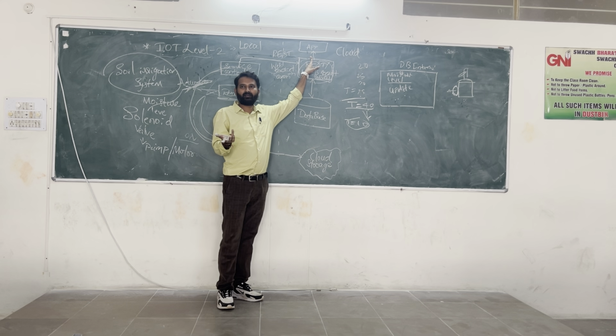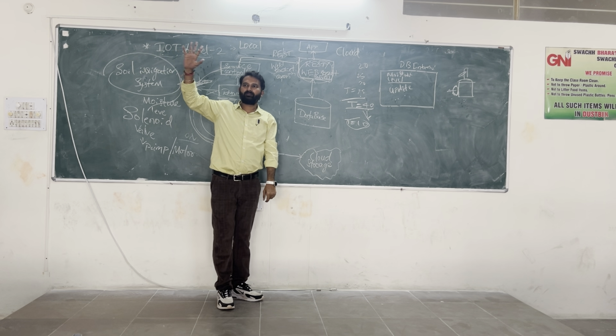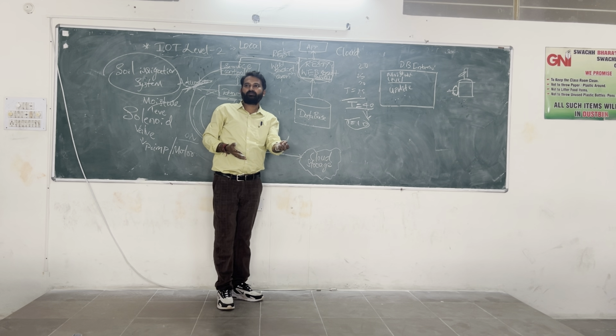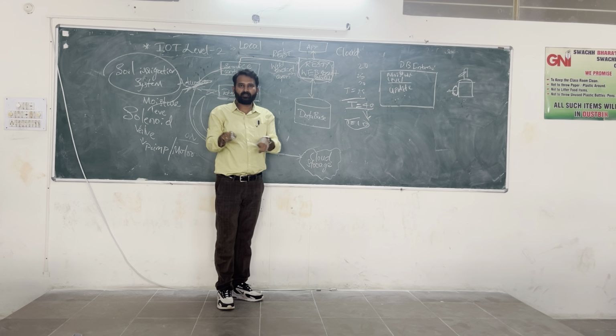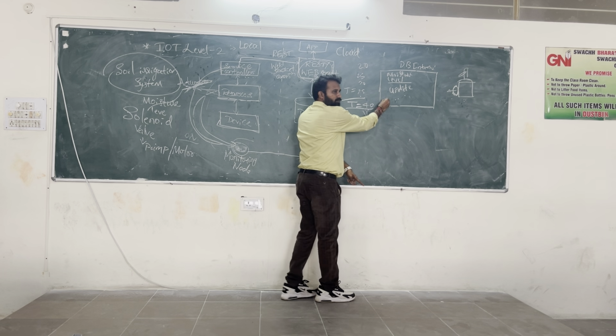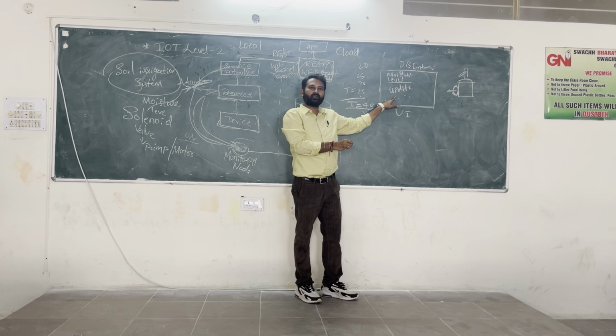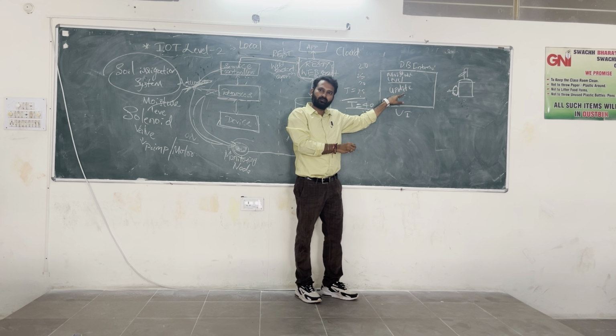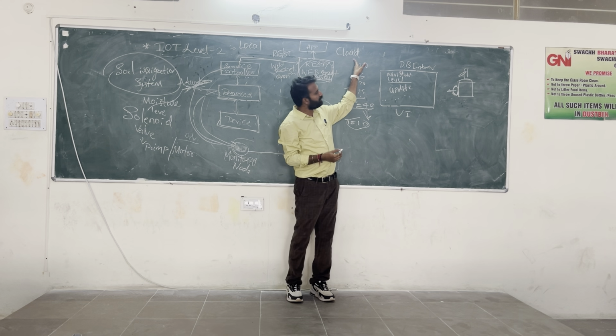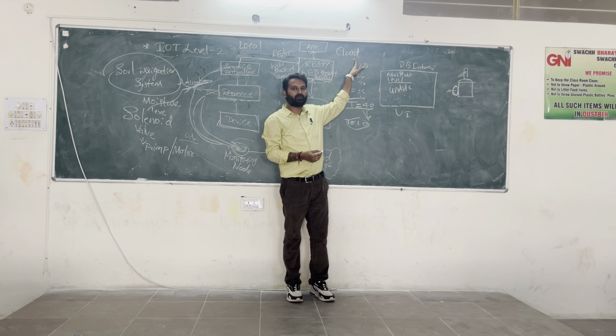Remote access. Cloud means remote access. Somewhere you may be traveling, farmers will travel, they may forget to turn off the motor. By using an application, you will have this database as a UI, there you can turn on or turn off the solenoid valve, motor.